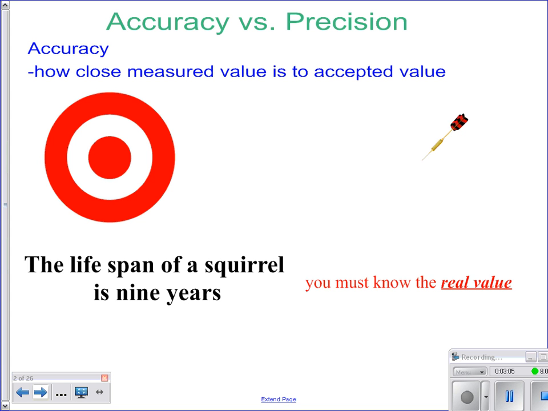If I got 3 of my darts right there, I would say I'm pretty darn accurate. Even if I got my darts here, here, and here, I'm still fairly accurate. Again, it's how close it is to the measured or accepted value. If you're playing darts, the bullseye is where you want to get your darts to.